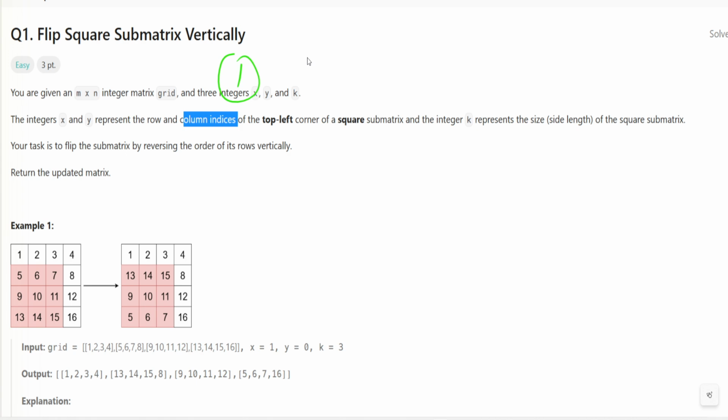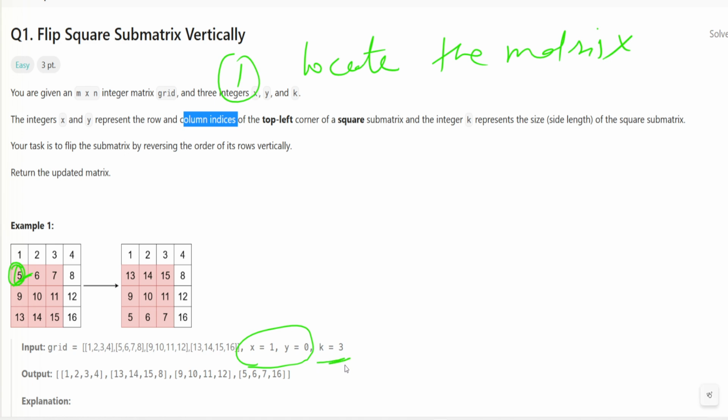Very first step, we locate the matrix. How are we going to find it? We check where it starts. We know the x, y we have been given, and that is our start. And what is its size? It is k.